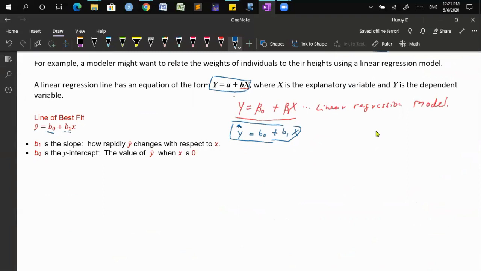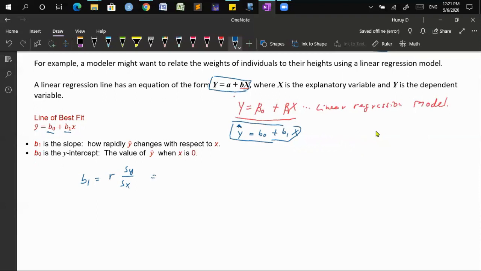And to find those values, b1 is given by r times sy over sx. Now remember, again, we are using this r. Once you have the r, then you can calculate the b1.